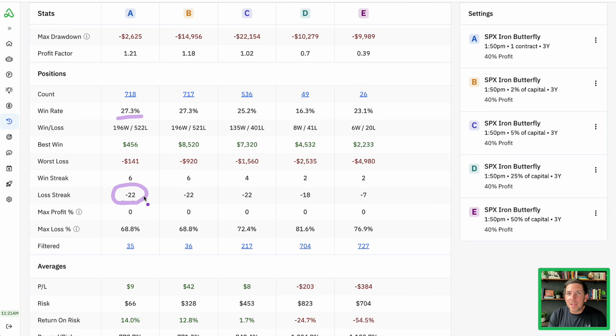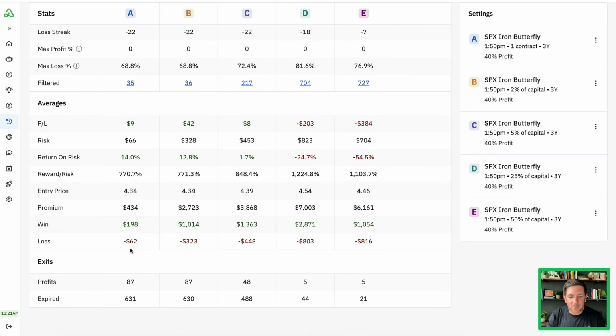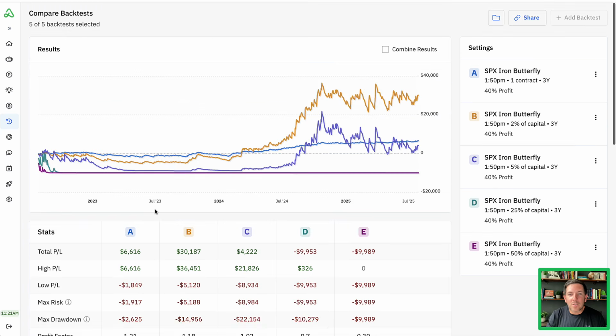Again, just mentally prepare for this. This strategy won overall. Good, profitable strategy that you could trade, did go through 22 losing trades in a row, which means your position sizing is so important to this one, right? Because what you're doing here is you're risking $60, $50 at a time to maybe make $100, $200 on a trade. So now position sizing is just going to be so much more important.